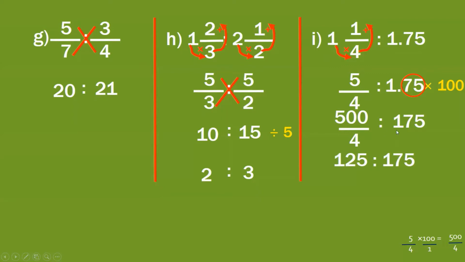And let's put 175. So we have 125 to 175. Now let's simplify. 125 and 175 can be divided by 25. 125 divided by 25 equals 5. And 175 divided by 25 equals 7. So this is the simplest form, 5 to 7.